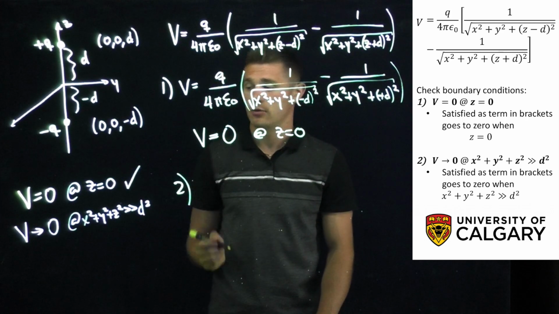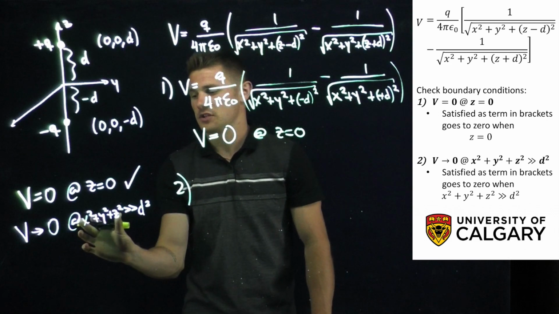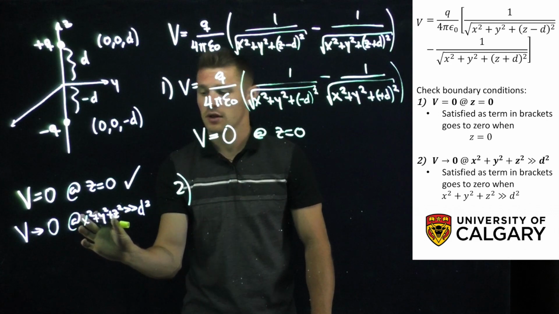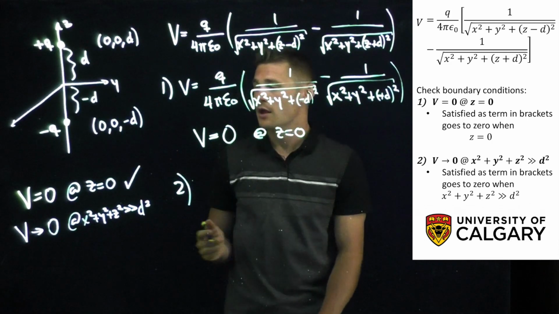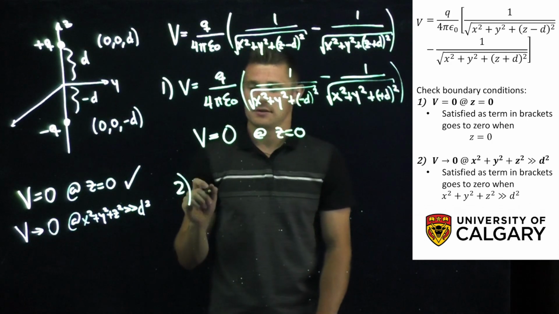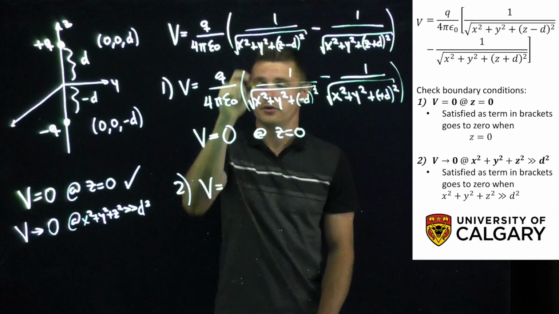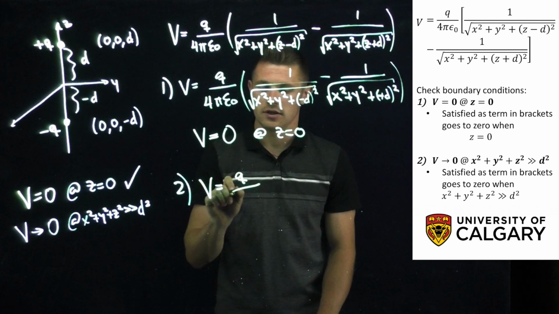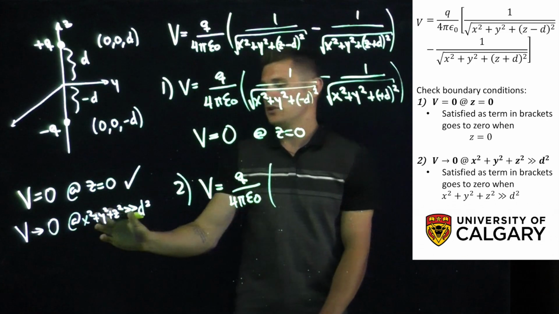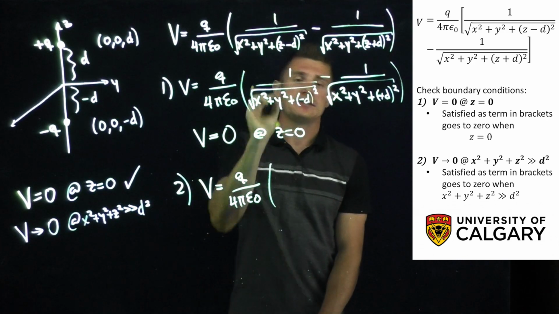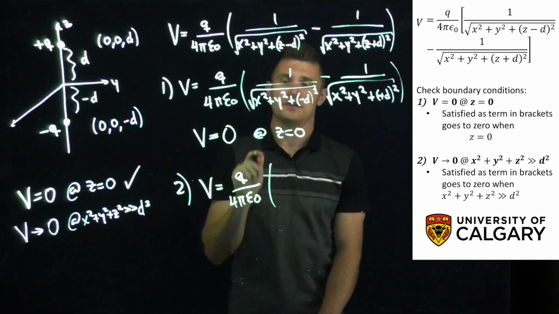So now we can look at the second boundary condition, which says again that when our position x squared plus y squared plus z squared becomes much, much greater than the distance that our charge is away from the plane, the potential should go to 0 as this occurs. So by plugging it into our equation above, we say that q over 4 pi epsilon naught, big bracket, and in order to express this here, essentially d is going to become negligible compared to the other terms.